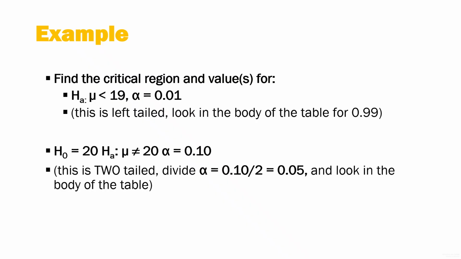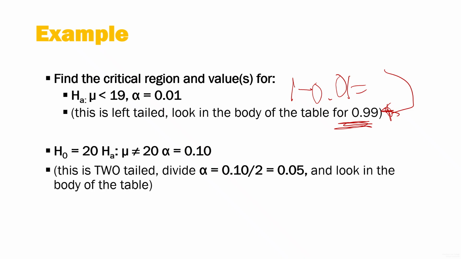And if we go 1 minus 0.01, that's equal to 0.99. And you're going to look in the body of the table for 0.99. And what you'll find with that one is it's pretty close to falling in between two of them, but it's not quite there. So it will be a negative 2.33.